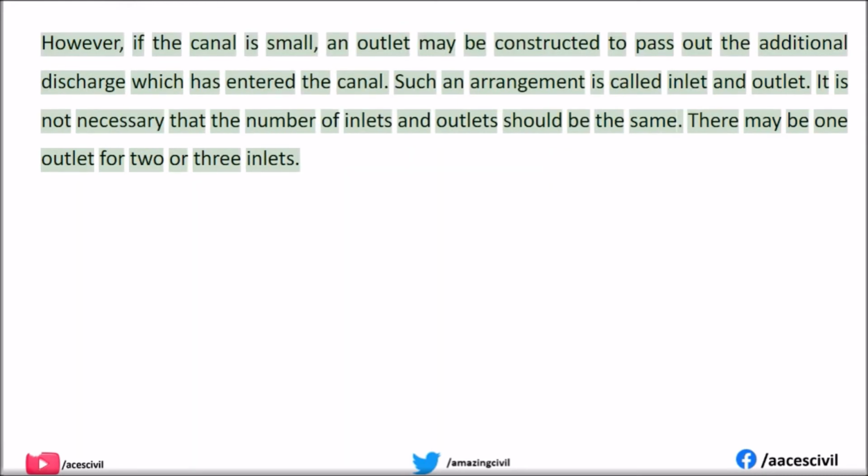However, if the canal is small, an outlet may be constructed to pass out the additional discharge which has entered the canal. Such an arrangement is called inlet and outlet. It is not necessary that the number of inlets and outlets should be the same. There may be one outlet for 2 or 3 inlets.